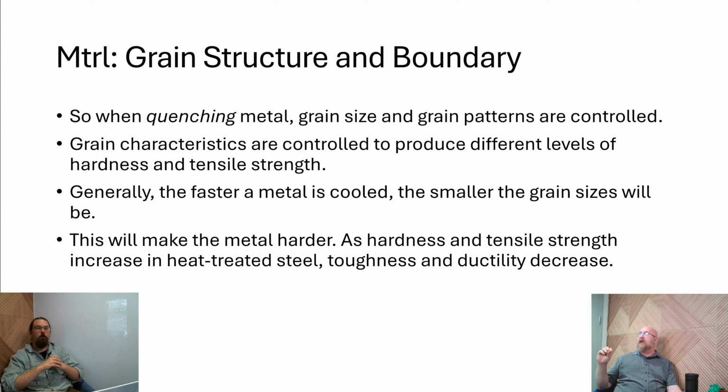When we really get into steel heat treatment, it isn't just that it's changing that, because we would also see a greater ductility with that heat treatment change. The difference is that with steel, it will make it harder. With some metals, when you quench them, it makes them softer.